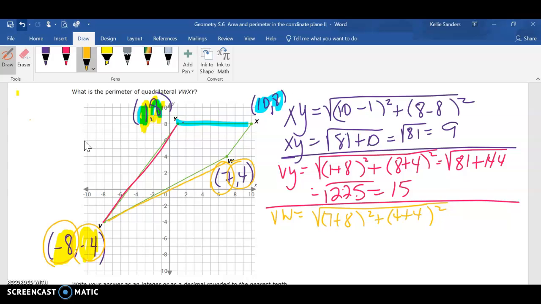So 4 plus 4. 15 squared plus 8 squared. 225 plus 64. 289. And that is 17.